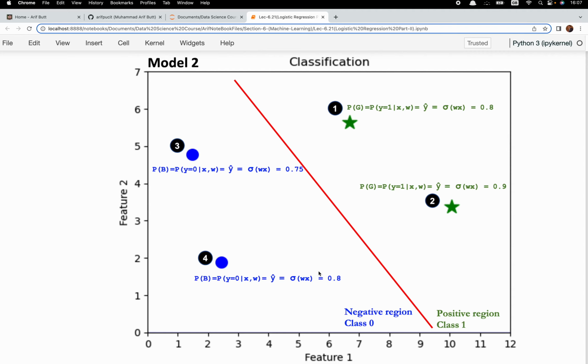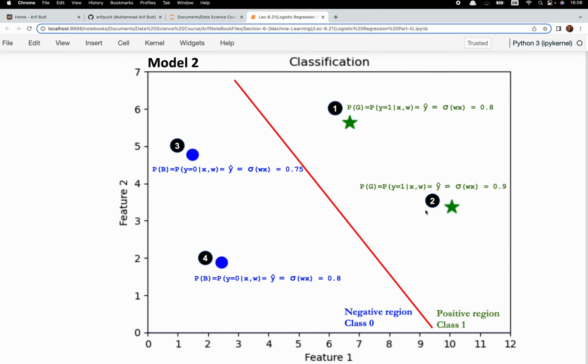Once again, my dear friends, these are just hypothetical values of y hat which I have written over here. So if you are given x and w, you can actually calculate these. One point that I kept in mind while assigning these hypothetical probabilities to these data points is that if a point lies on this red line, it will have a probability of 0.5, of course.